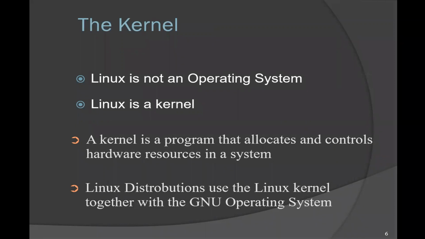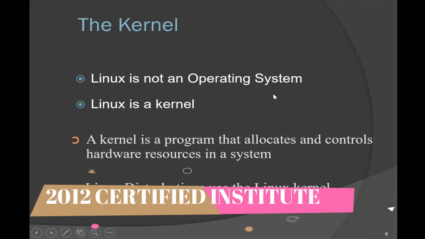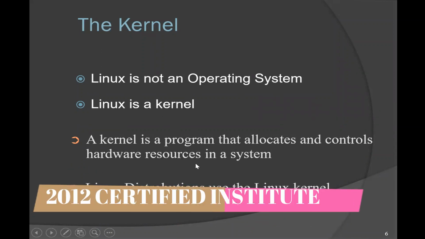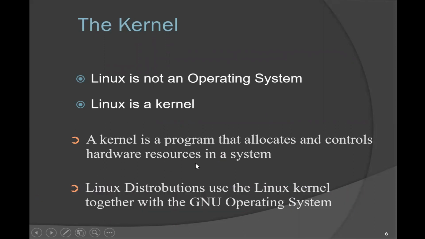So what is a kernel? As I said, Linux is not an operating system, it's a kernel. A kernel is a program that allocates and controls the hardware resources. It is a core component of the operating system, residing between your hardware and your shell.